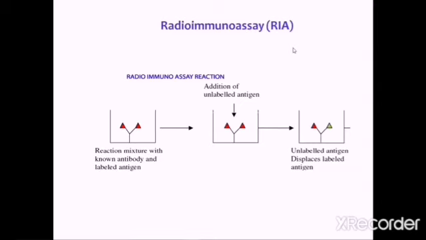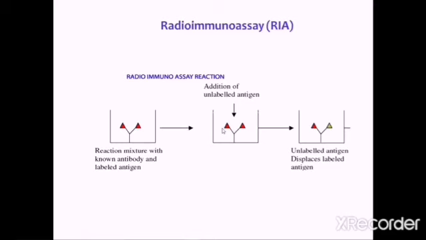Then is radioimmunoassay. This is mostly used for quantitation of antigens or haptens, to assay hormones or drugs in serum. And as you can see over here, the first step is to add a fixed amount of radiolabeled antigen, which is then mixed with a known amount of antibody for that antigen, and they would bind to each other.